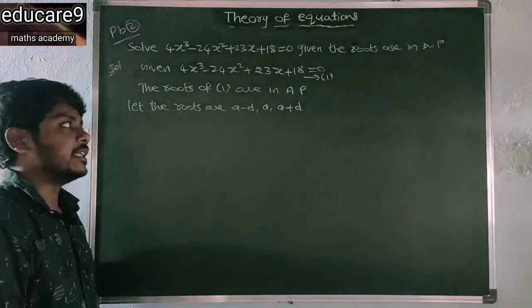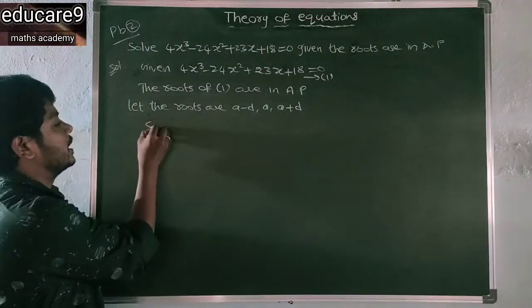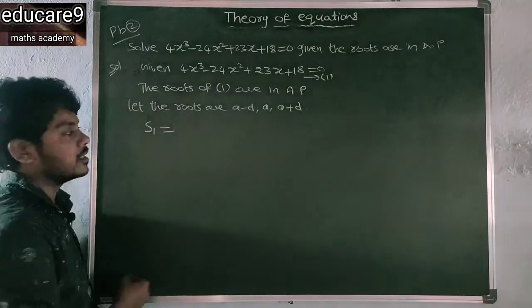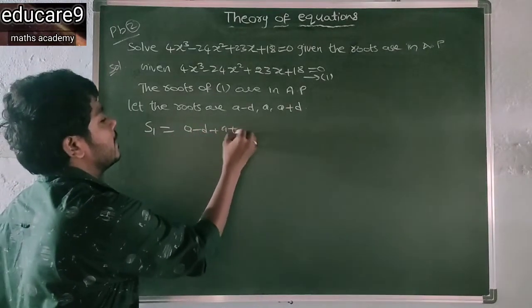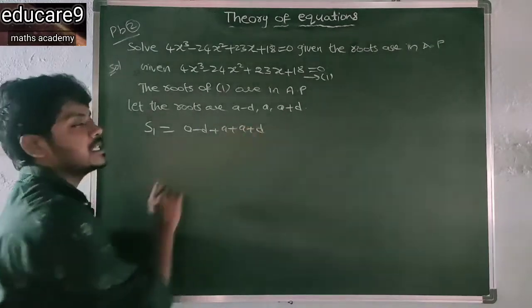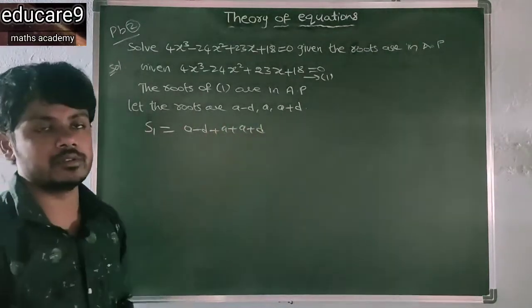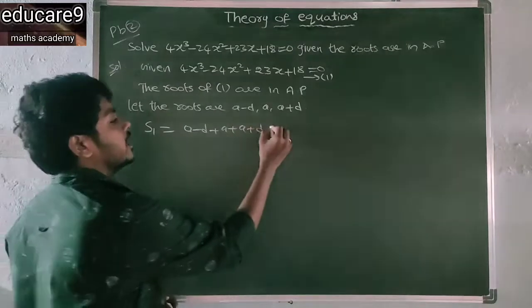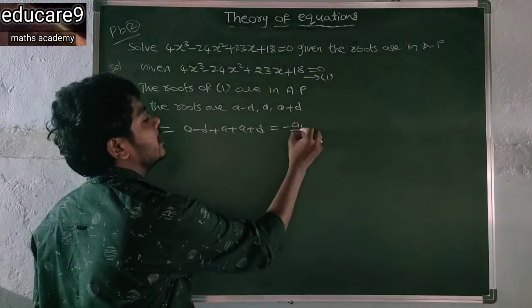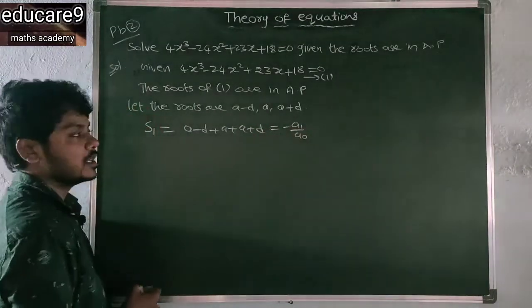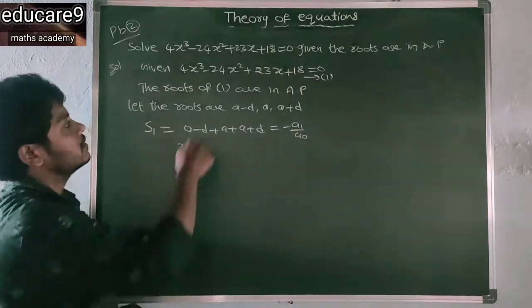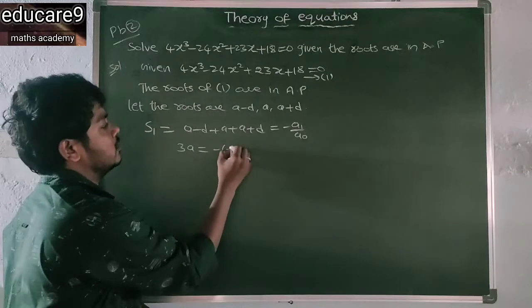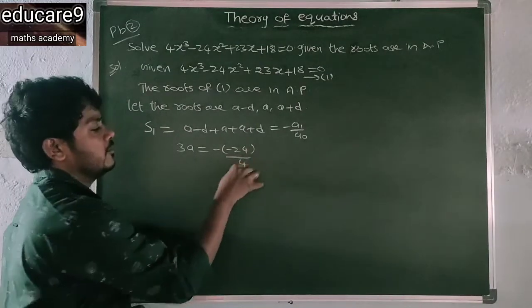So clearly in that case we have to take S1, that is a minus d plus a plus a plus d. This is the sum of all three roots, and this is minus a1 by a0. So this is 3a. So minus a1 is minus of minus 24 by 4.